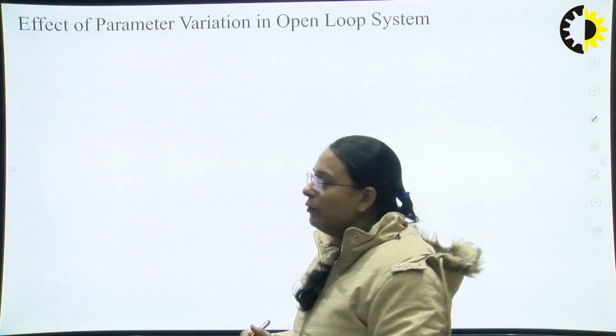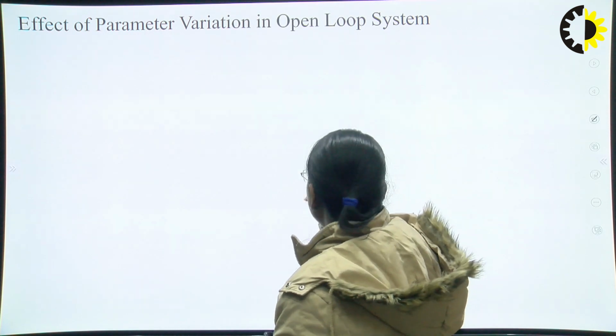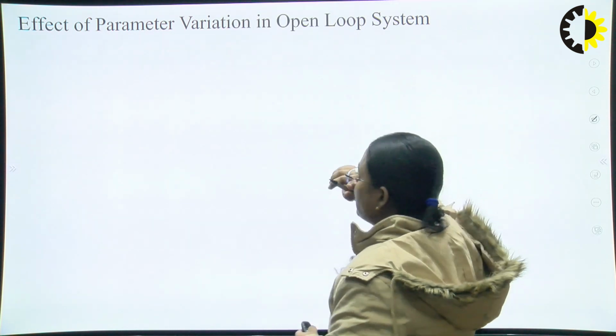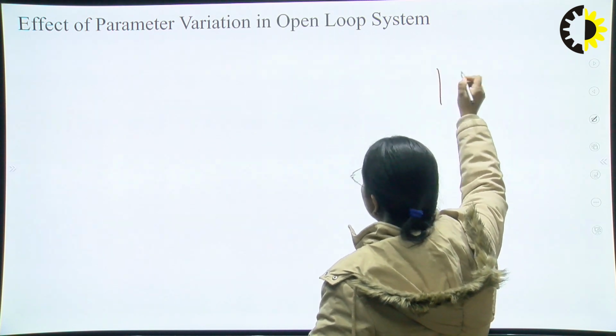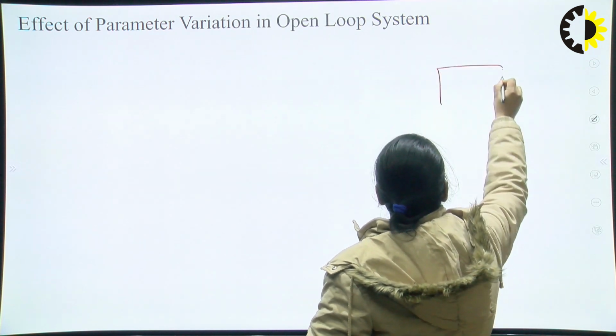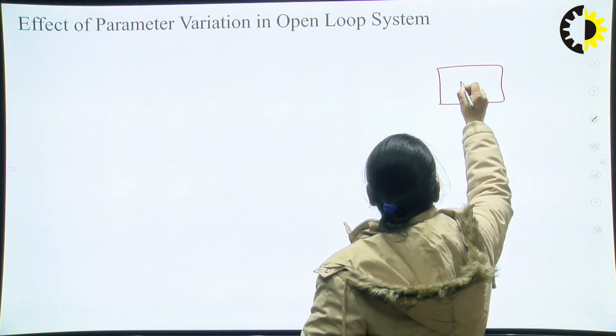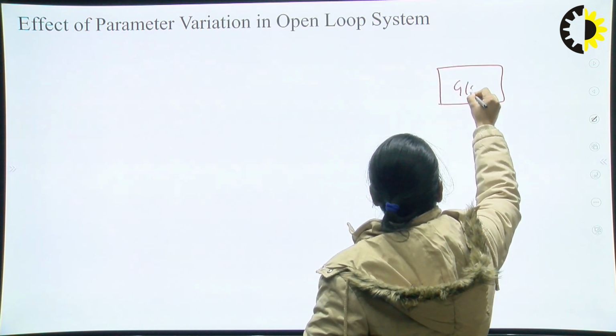So, starting with the effect of parameter variation in the open loop control system, let us consider this transfer function G(s).